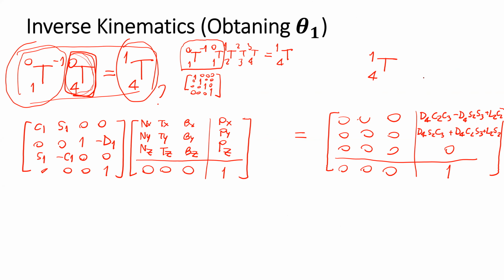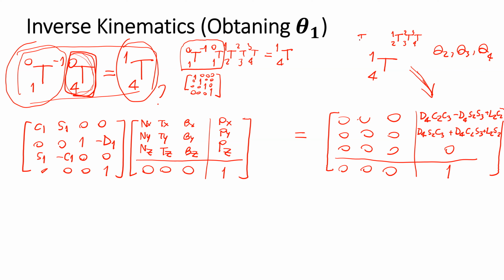And this matrix will be in the form of theta 2, theta 3, and theta 4, because this matrix is obtained from the product of 2/1, 3/2, and 4/3.